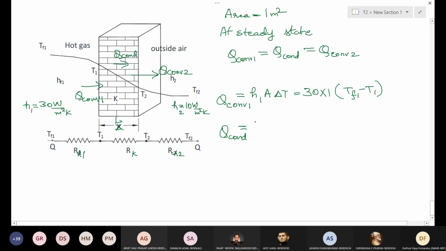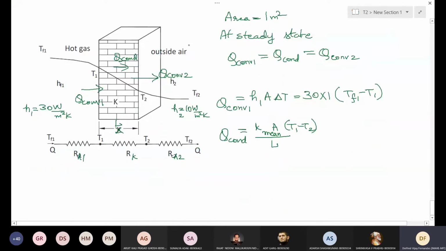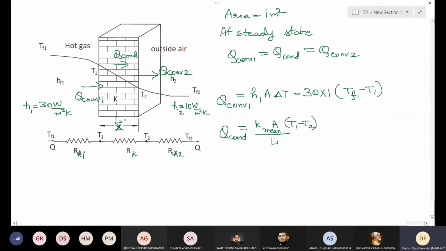We can write K mean into area into temperature difference T1 minus T2 divided by thickness of the wall L. We don't need to write in the resistance form. So wall thickness is given, that is 250 millimeter. Brickwork is 250 millimeter thick. L equal to 0.25.